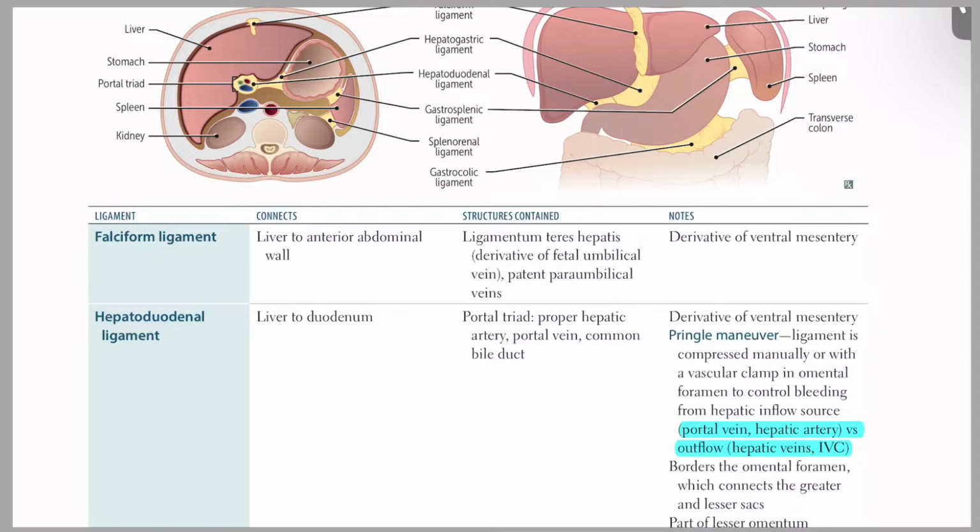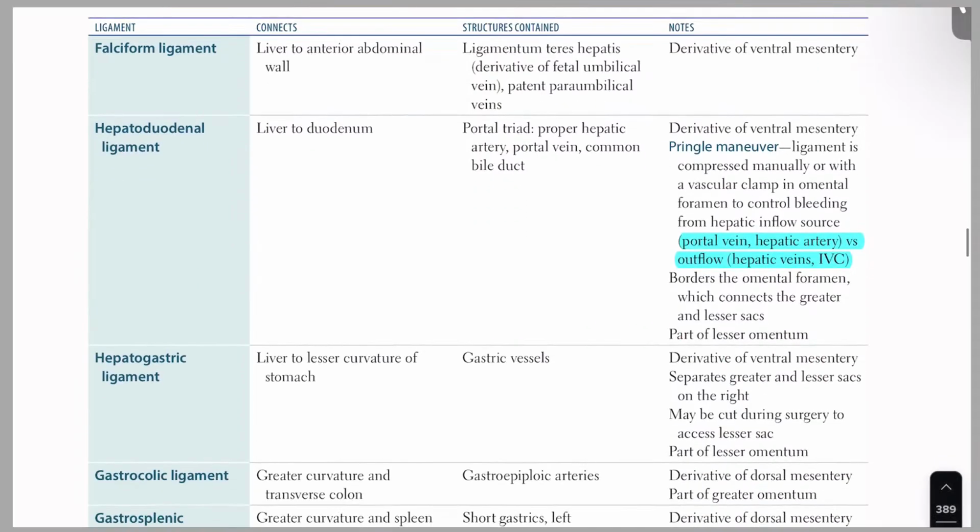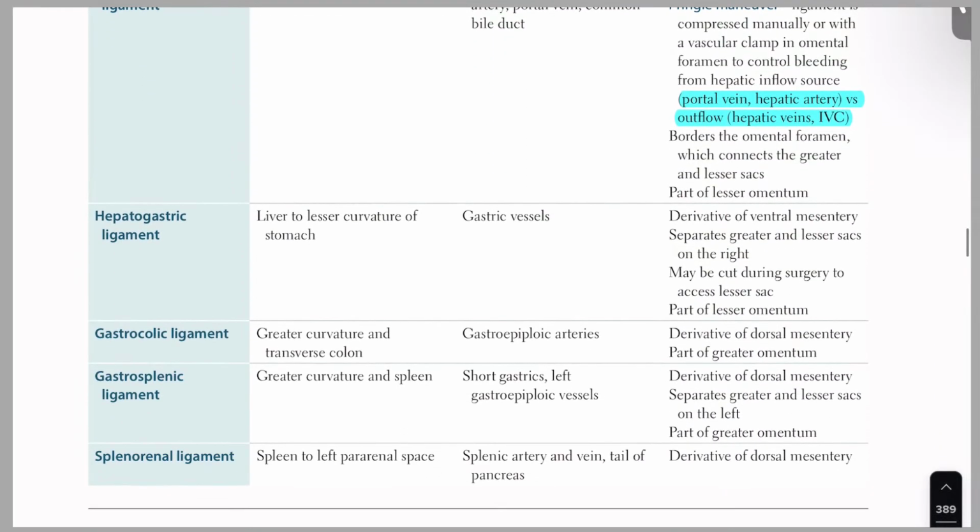Derivative of ventral mesentery, Pringle maneuver. The ligament is compressed manually or with a vascular clamp in the omental foramen to control bleeding from hepatic inflow source: portal vein, hepatic artery, versus outflow, hepatic veins, IVC.